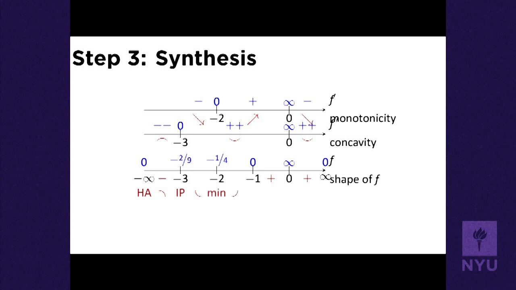Crosses the x-axis at negative 1. Still increasing and concave up until it reaches the vertical asymptote at 0. All right? So at every interval, we've got one different thing going on. And then after 0, it is decreasing and concave up, approaching another horizontal asymptote of 0.